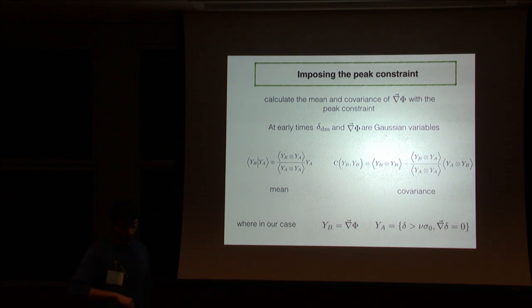If I go to early times, grad phi is still a Gaussian variable, so I can use these formulas for computing conditional probabilities. I will just compute the probability of grad phi being on a peak with these two conditions.